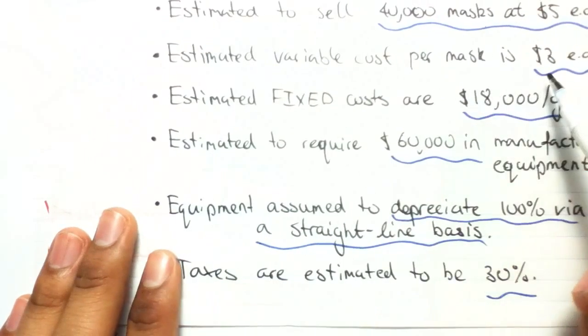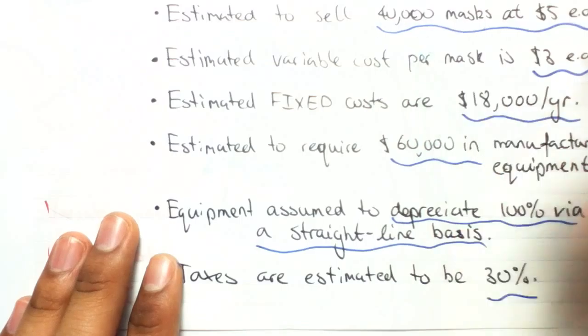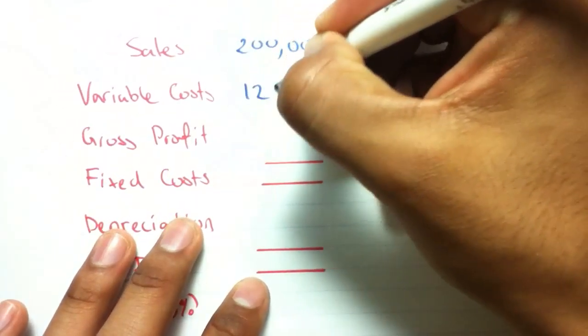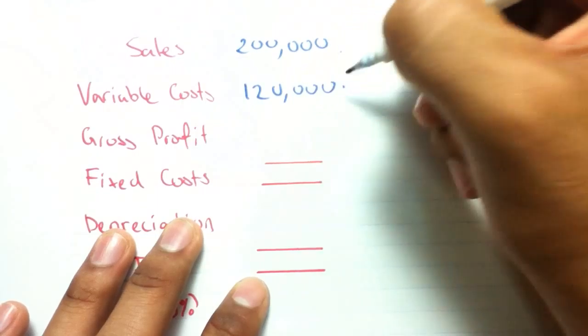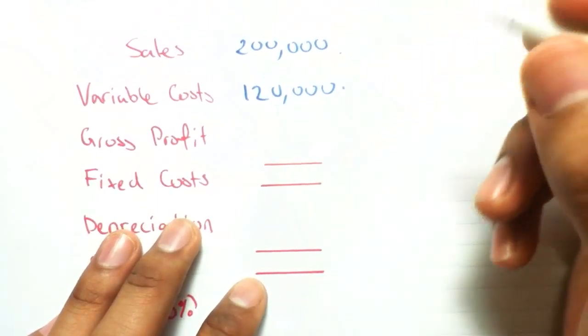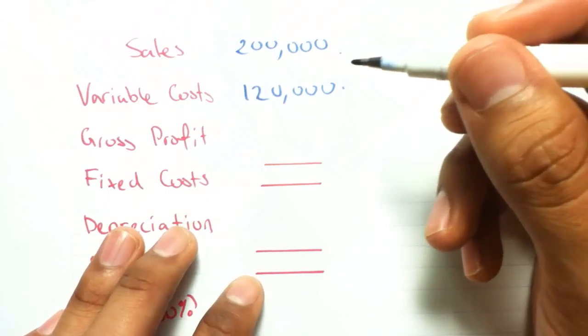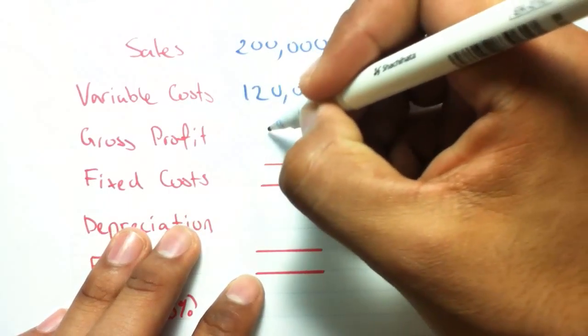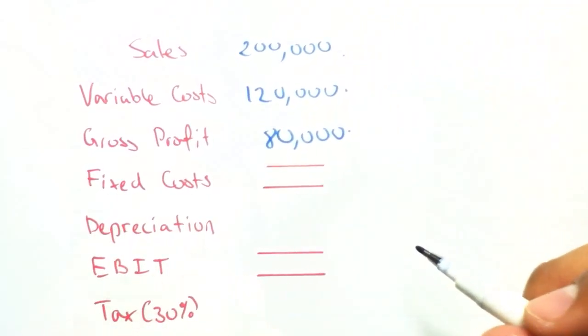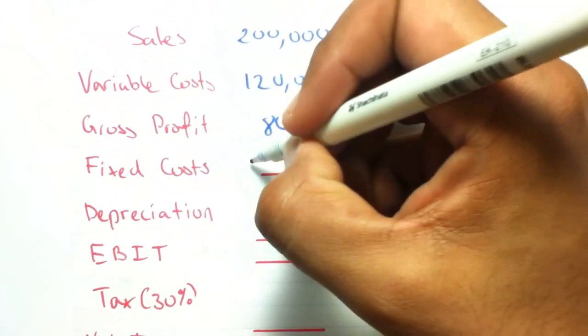Well, it's going to be $3 times 40,000, and that's 120,000. And so our gross profit is going to be 200,000 minus 120,000, and that's $80,000.